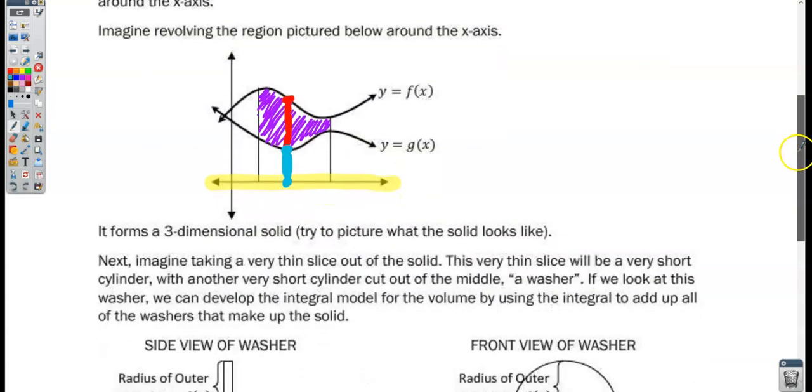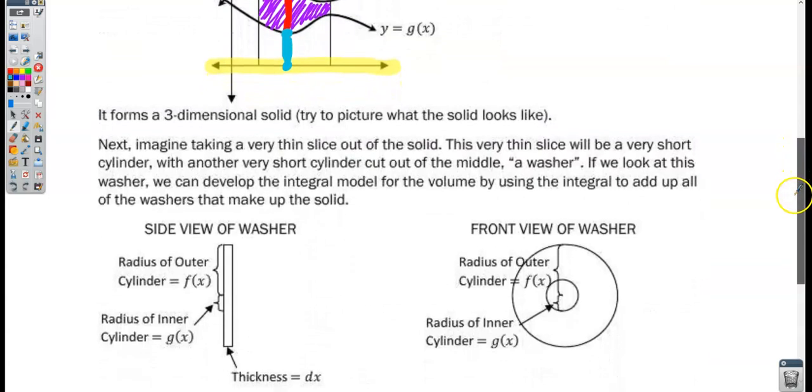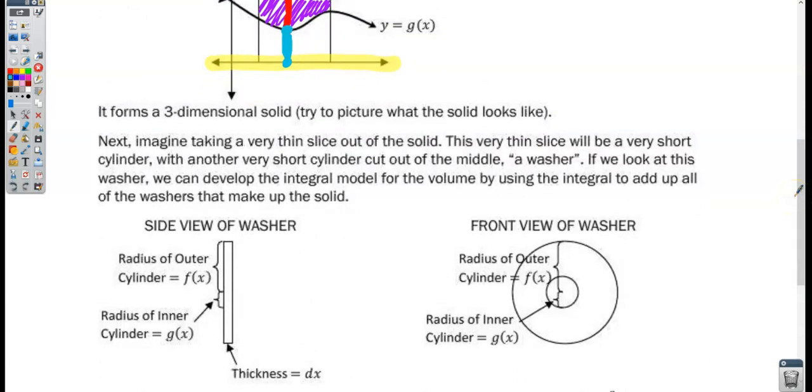Now if you try to imagine a slice of this solid, here's what it would look like if I cut it out. f of x, which was my red here, forms the radius of the outer cylinder. From the side view I can't really tell, but from the front view, it's the radius from here to the outside. It's the radius of that big washer, or that big disk. And the turquoise was my inner radius, which forms the inner circle.